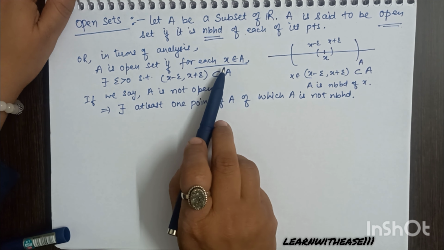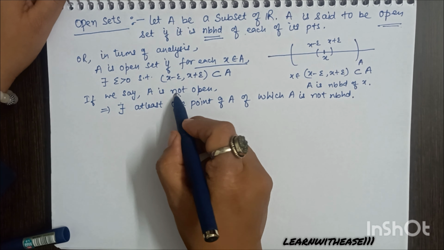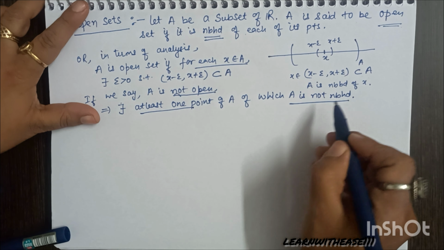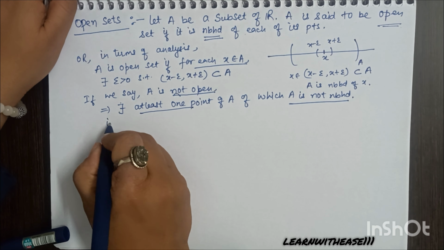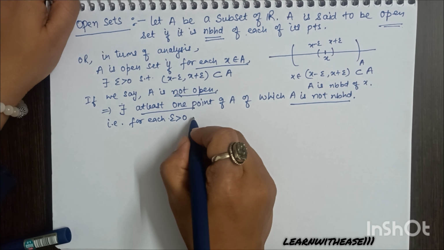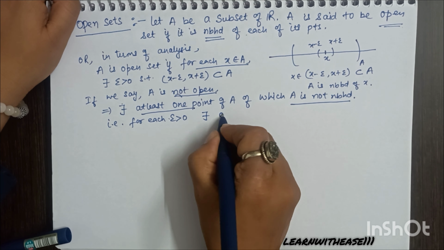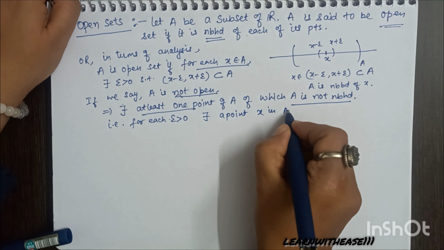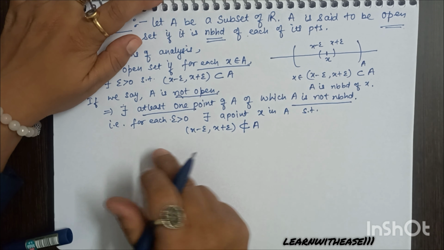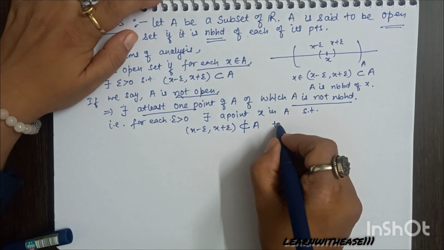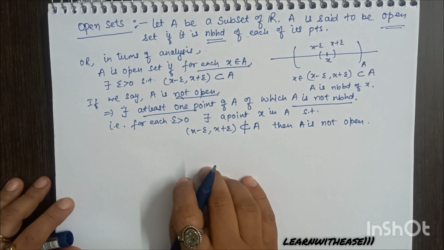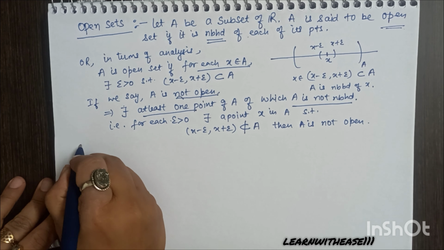Means for at least one point x, however small an epsilon we take, however small an interval we take, the interval (x minus epsilon, x plus epsilon) containing point x will not be contained in A, so that A could not be the neighborhood of at least one point. That is why it might not be an open set.